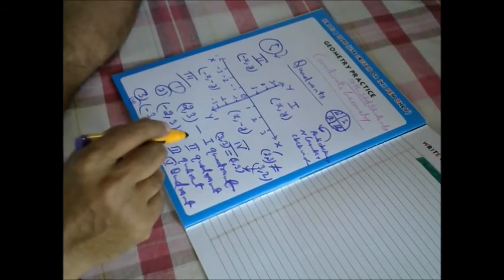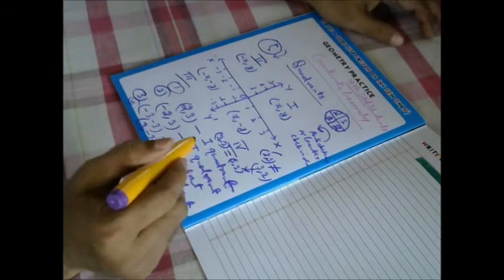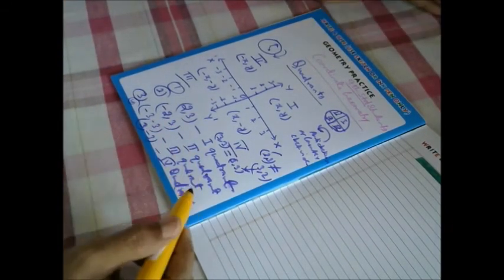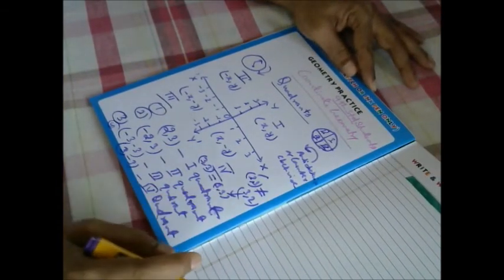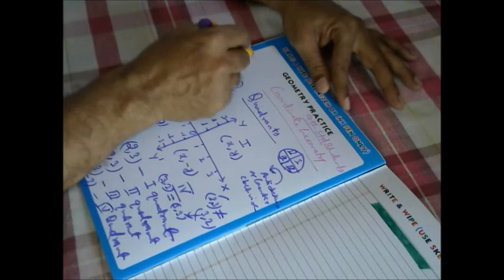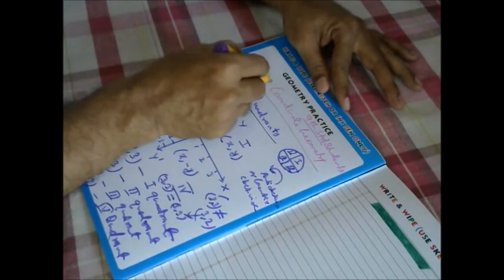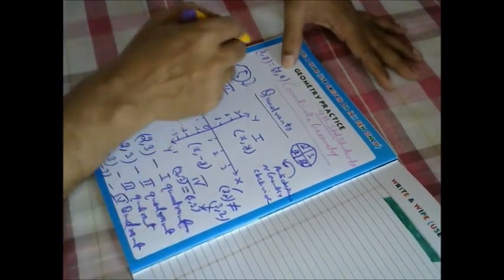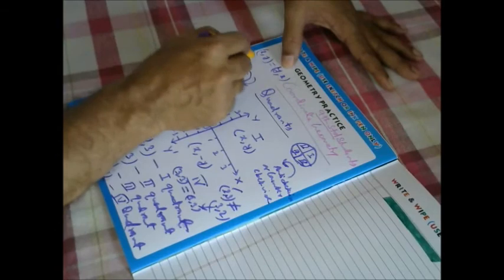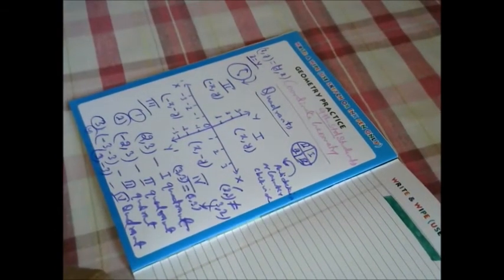So x and y is equal to y and x only if x equals y. Suppose you want to devise a general formula: if x and y is given to you as y and x, it shows clearly that x is equal to y.